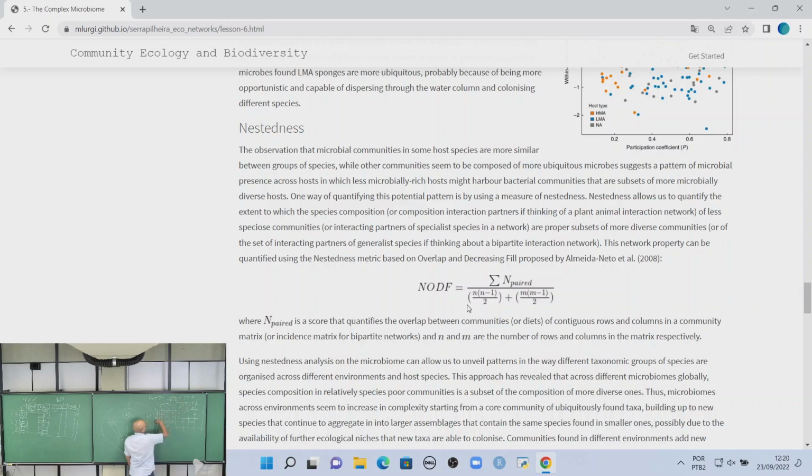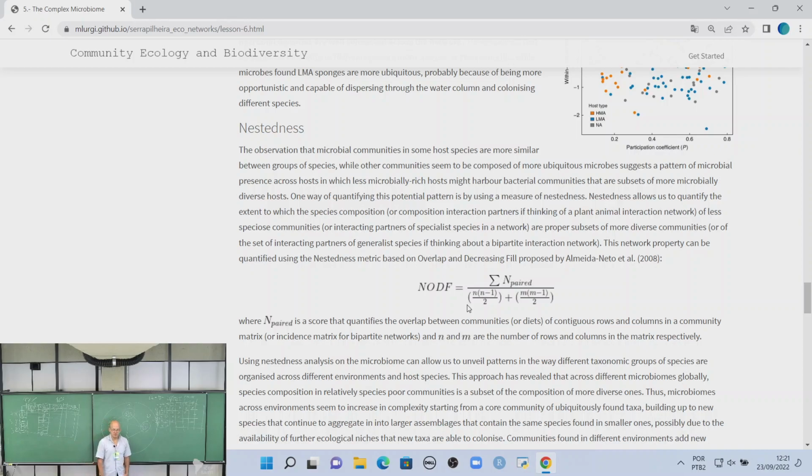And these are the links between them. If you think about this as the diet of pollinators on plants, then nestedness will be quantifying the extent to which the diets of more specialist species are proper subsets of the diets of more generalist species. Do you understand that?